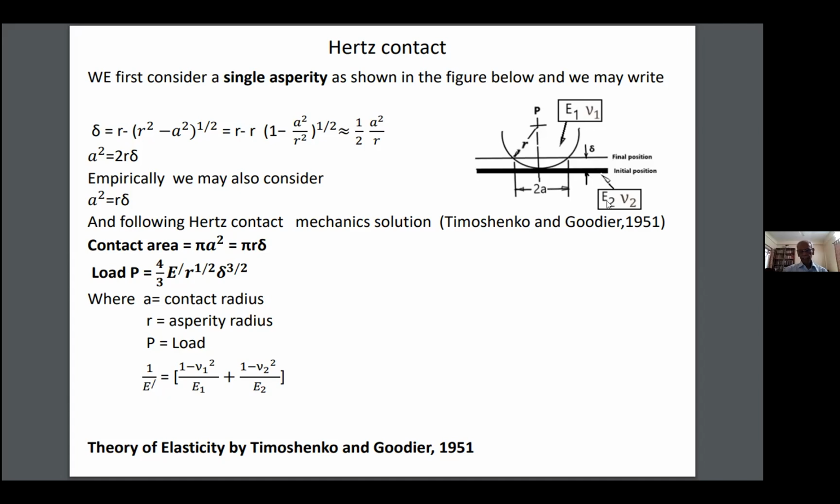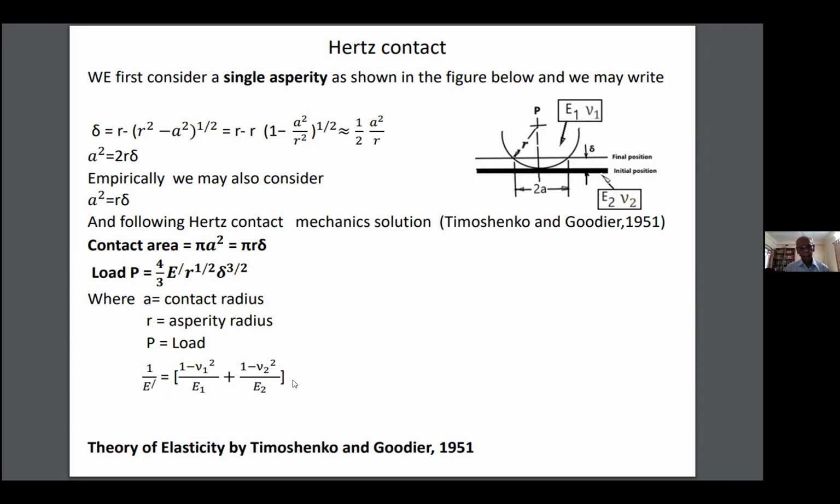E2 is the elastic modulus and μ2 is the Poisson's ratio of the second body. Now, these can be combined to give an equivalent elastic modulus, which is 1 by E dash equal to 1 minus μ1 square by E1 plus 1 minus μ2 square by E2.